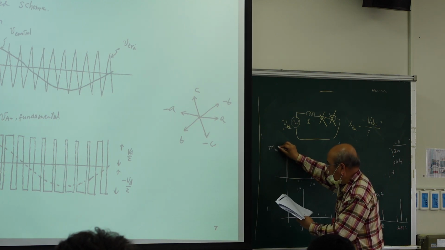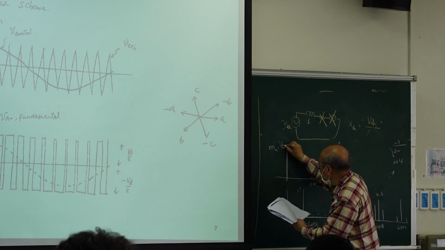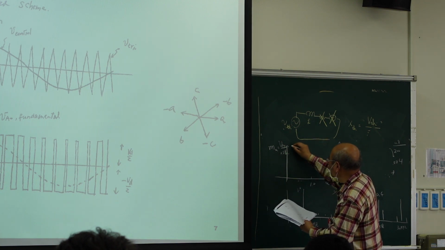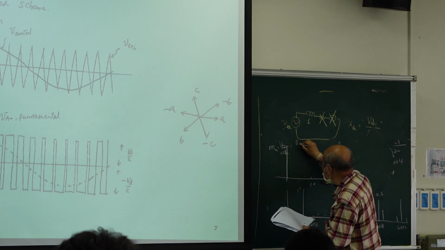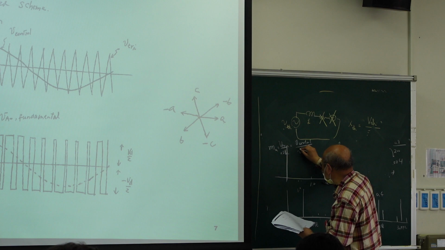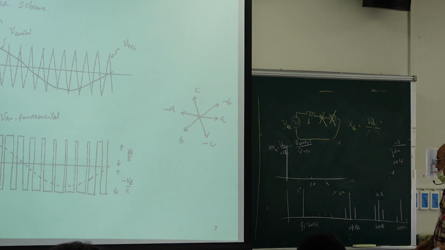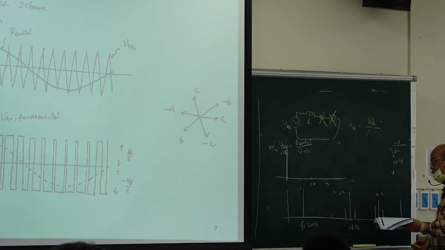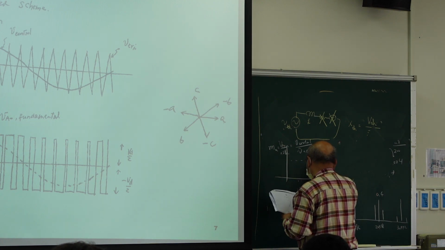So MA is equal to VA0 over 0.5 VDC, or MA is equal to V control divided by V carrier, or V triangular. So your control cannot become too large. You cannot go over the triangular. So the maximum should be 1.0.